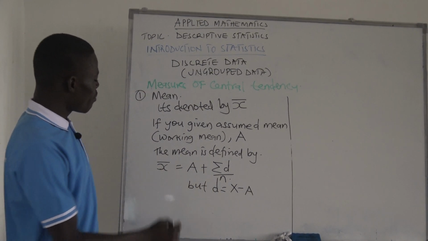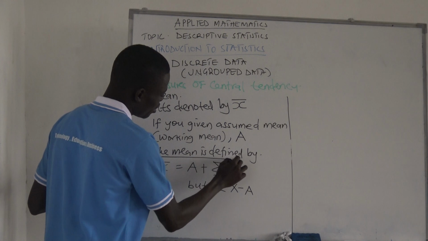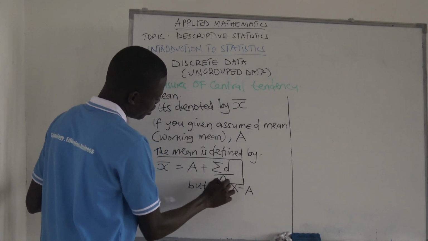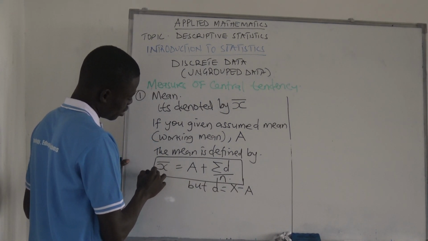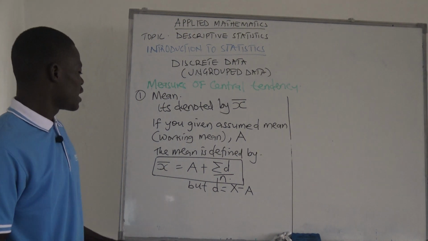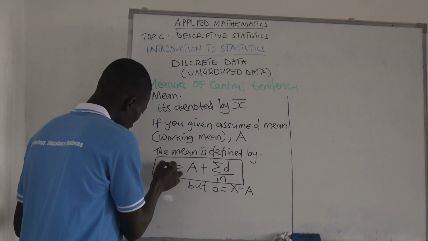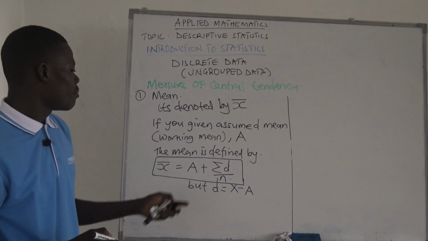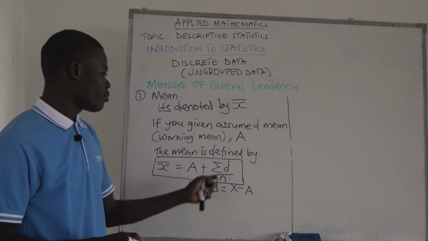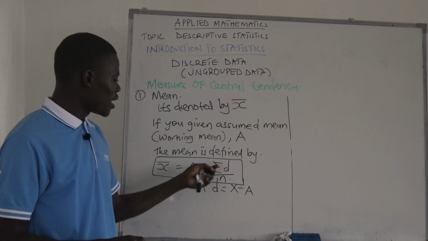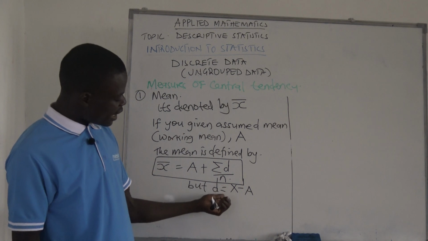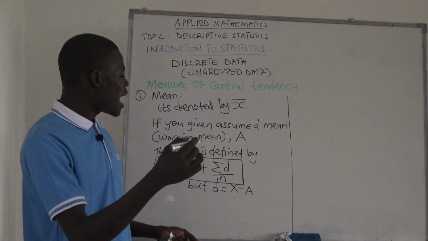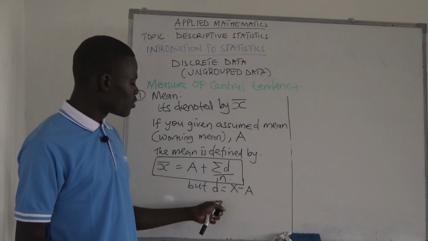Then our mean is given by assumed mean plus summation of D out of N. So after getting the deviation, you add them and divide by N, the number of D.